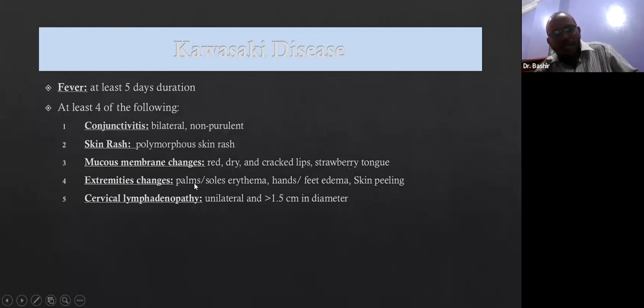Extremity changes: the palms and soles will be erythematous and edematous. Hands and feet also will be edematous. After that, there will be skin peeling, which is late, not in the first. First will be erythema and edema, and then peeling of the skin, especially the fingers. Cervical lymphadenopathy, usually unilateral, and it should be more than 1.5 centimeters in diameter.